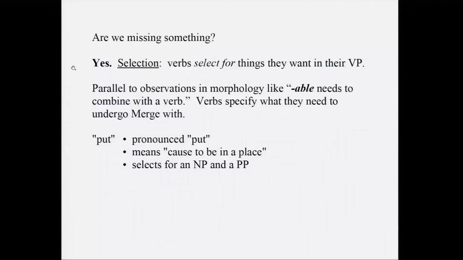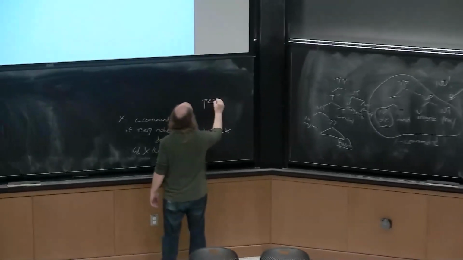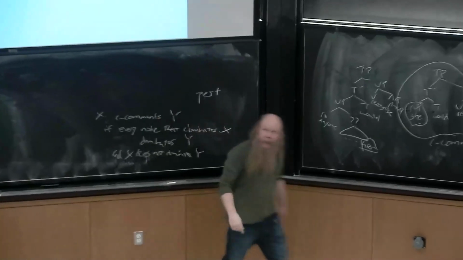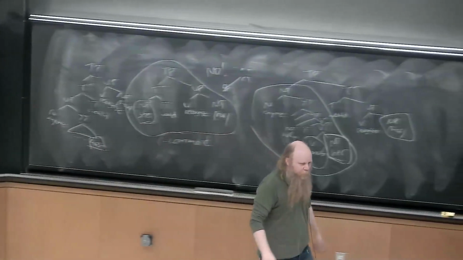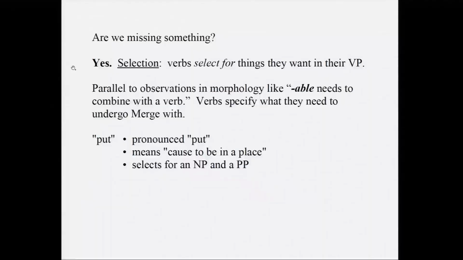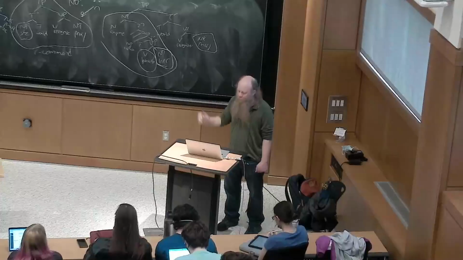So the verb put, it's pronounced put, and it means to cause something to be in a place, however we're going to state its meaning. And it selects for a noun phrase and a prepositional phrase. That's the way we'll say that. So the verb put needs to merge with those things. OK?